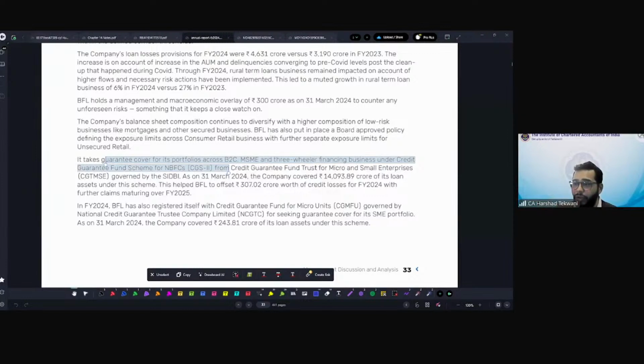Compared to a private limited company or a limited company, NBFCs, plus listed NBFCs, have n number of disclosures. I'll just again take you back to the disclosures that are there in the financial statement.